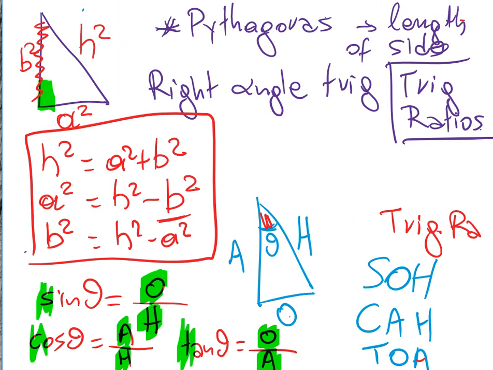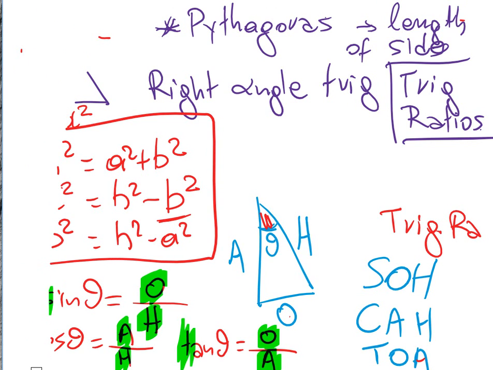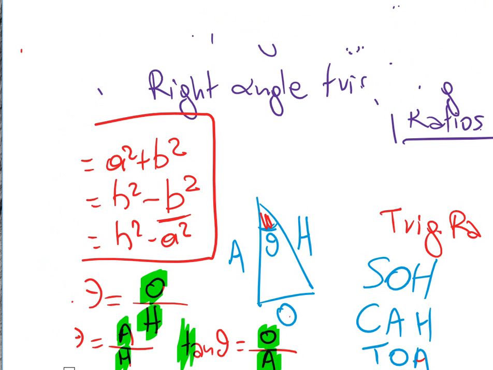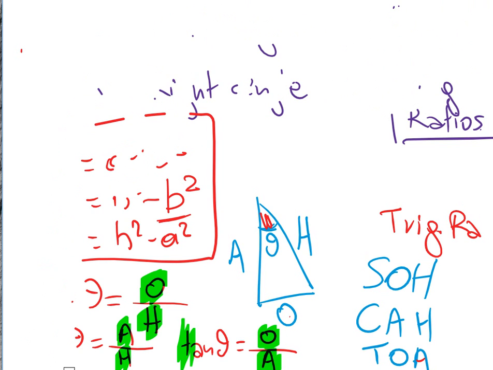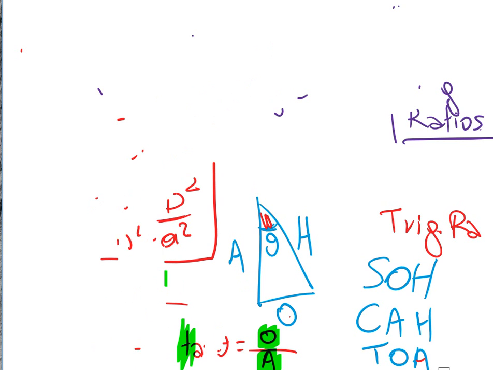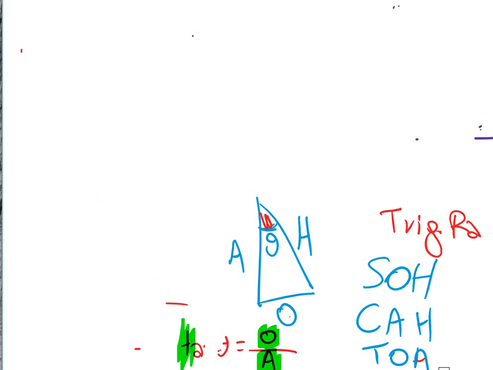Now, what are we going to do in this year's trigonometry? We need to introduce the non-right angle triangle trigonometry, which is something that we will use in our mathematics next year, because most of the triangles are not right angle triangles.